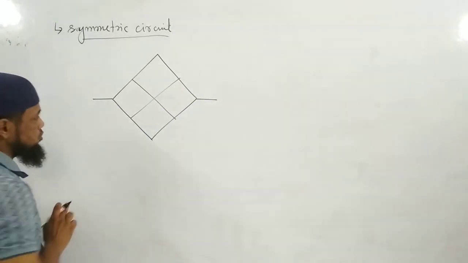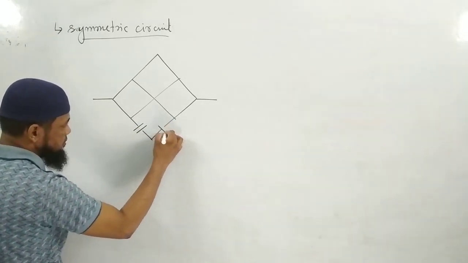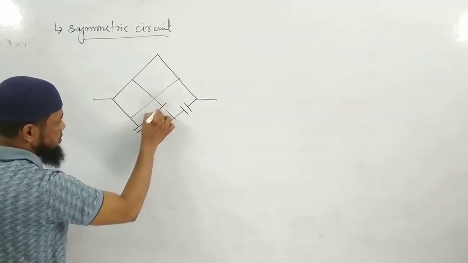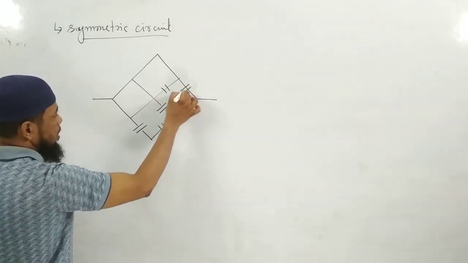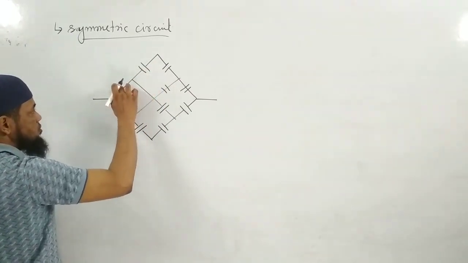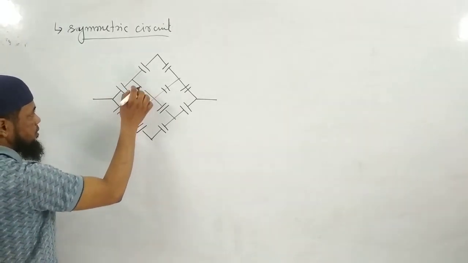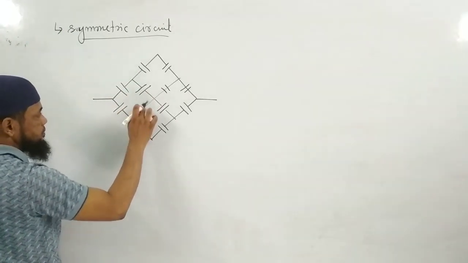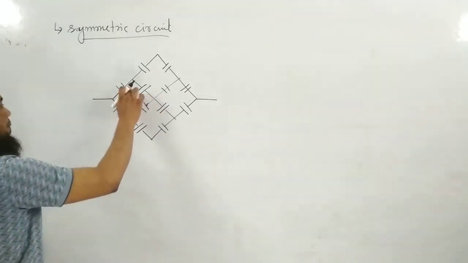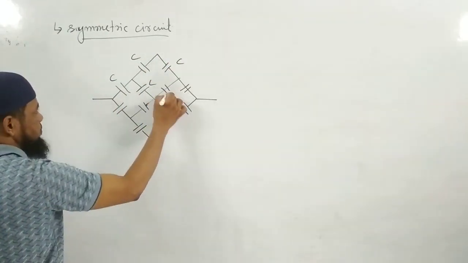In each part there is a capacitance, and to make you understand the point, let me take all capacitances to be identical, the same. I am considering all capacitances to be identical, C, all are C, suppose.